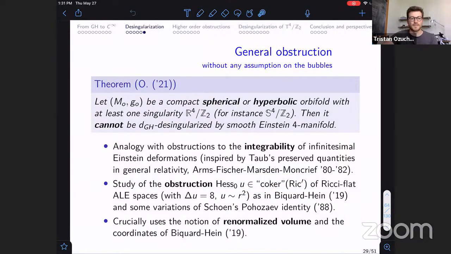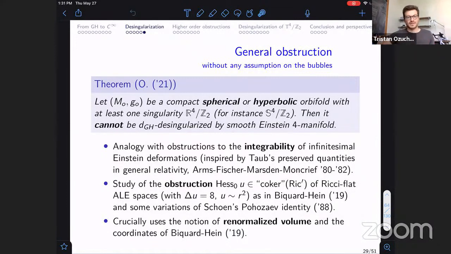So that's one of my obstructions, and I can study it. The second important remark is that this is a Lie derivative, so I can use some kind of integration by parts thanks to it and study the integrability. And the fact that this obstruction does not vanish completely relies on the notion of renormalized volume and the rigidity statement of Biquard-Hein.